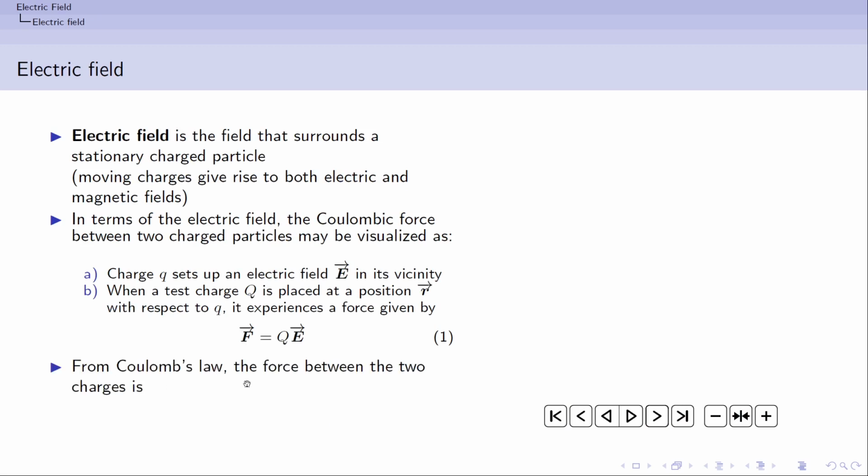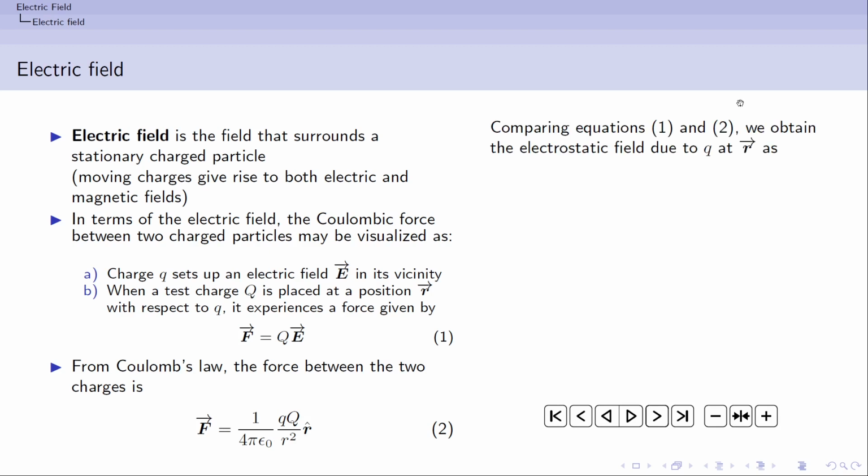From Coulomb's law, the force between two charges is 1 by 4 pi epsilon naught, the product of the charges divided by the square of the distance between them, times the unit vector. This is equation 1 and this is equation number 2.